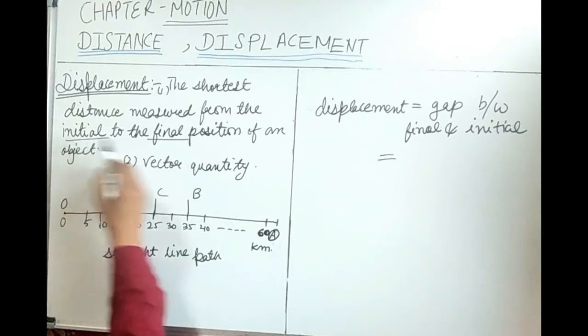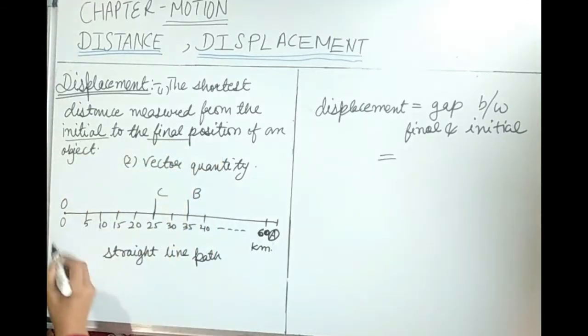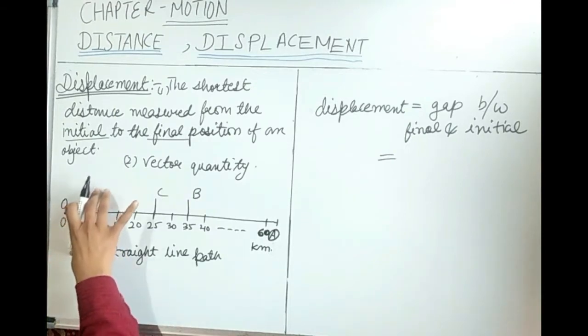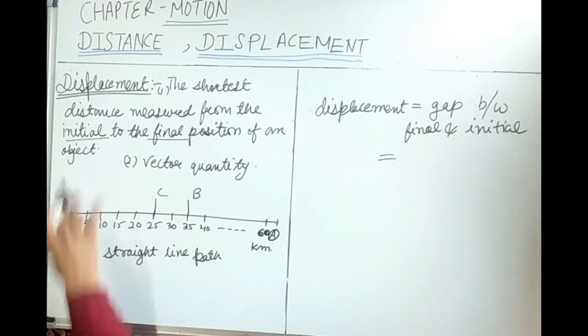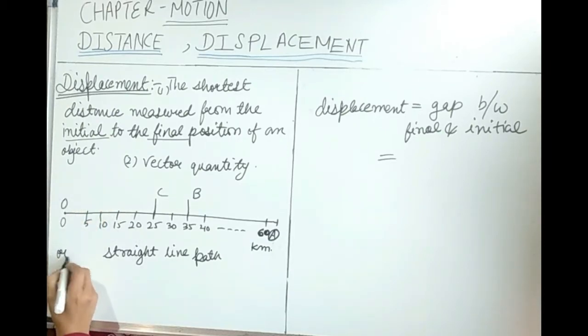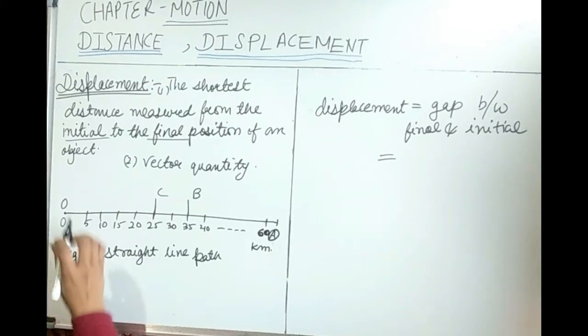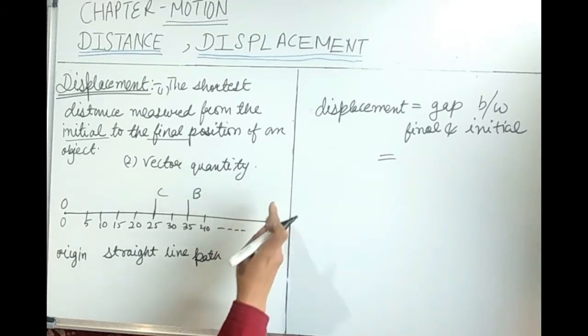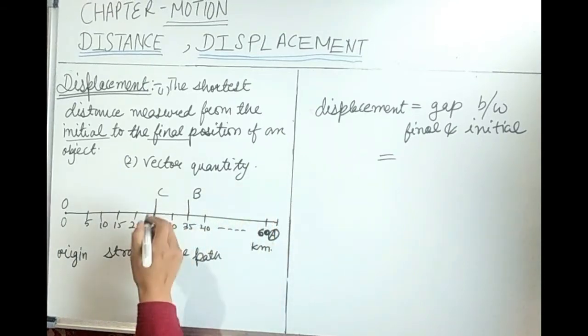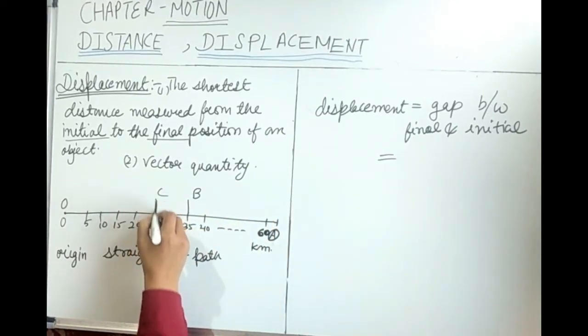What is the initial position? What is the final position? Let's understand this with the help of this straight line path. This is the same diagram which we have discussed in distance topic earlier. O is the origin, reference point you can say, and the object is moving from O to A first and then it is coming back from A to C. Final position is C. Object has reached C now.